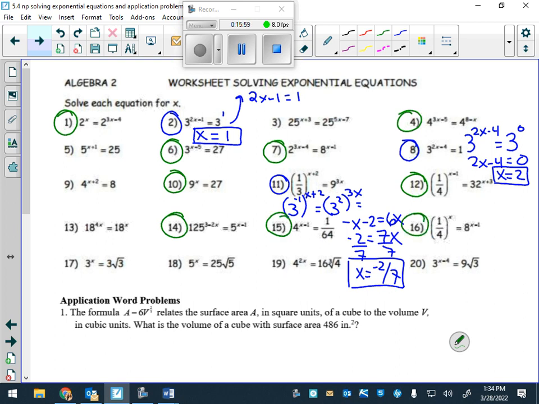So the ones that are circled on the board: 1, 4, 6, 7, 10, 12, 14, 15, 16. Take a few minutes to go through those.